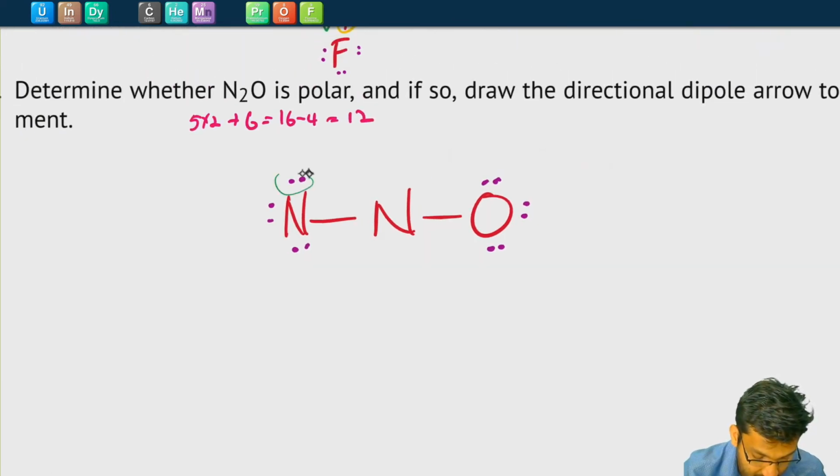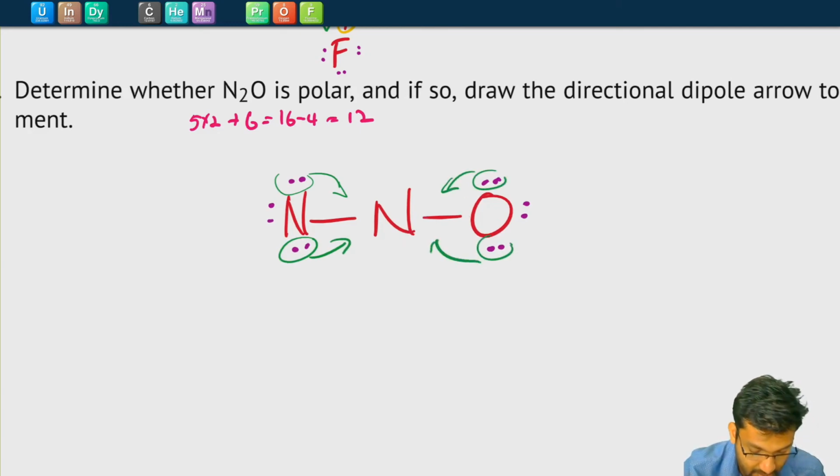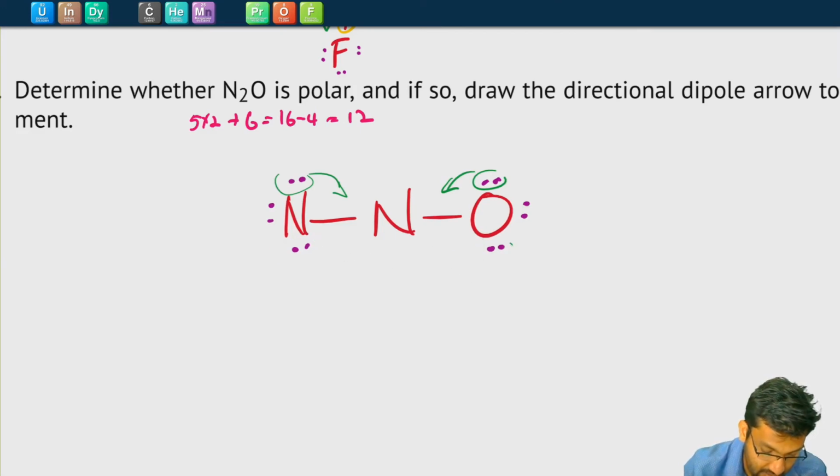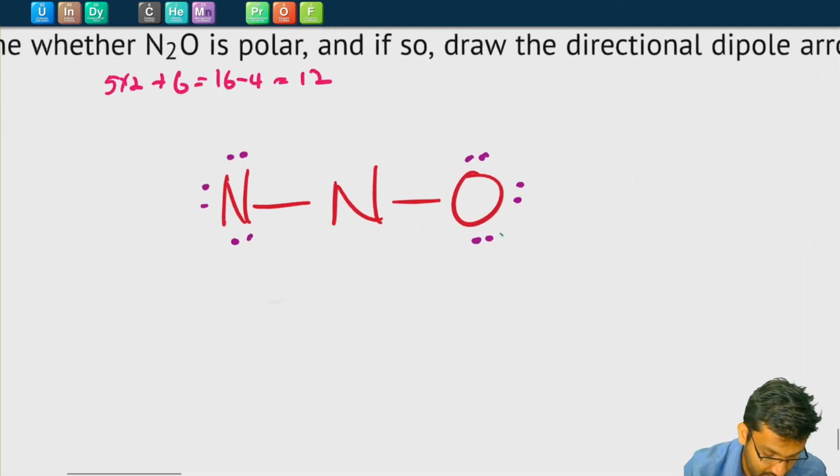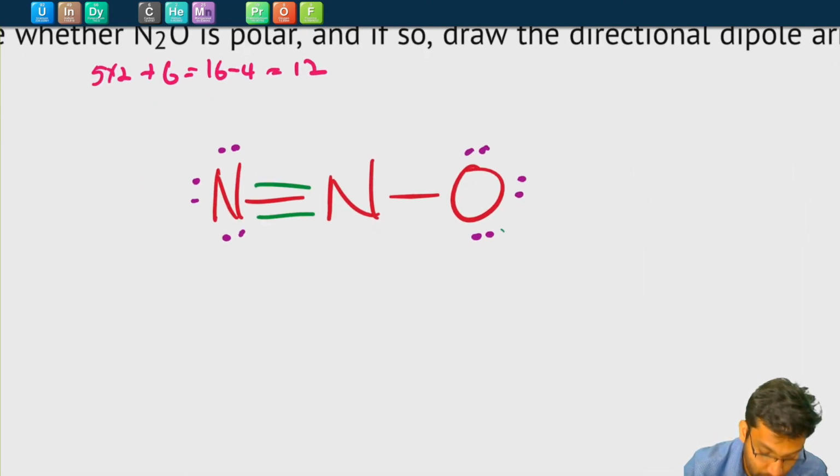So we talked about how we can borrow sort of 2 from the left, or 2 from the right, or 1 from the left and 1 from the right. And we talked about how some of those are more stable than the others. So let's look at that situation. If we borrow 2 pairs from the left, we form a triple bond. That was one possibility.